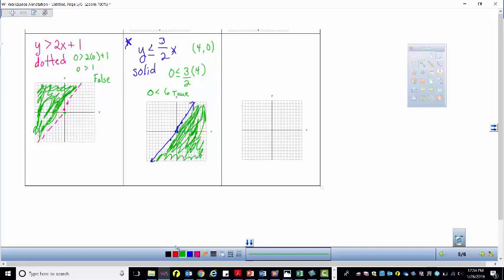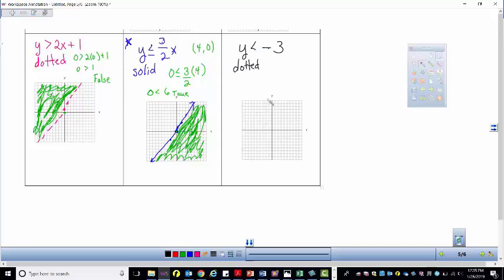Alright, so our next special case is when I just have like y is less than negative 1. Let's change that. Let's make it negative 3, just so it's easier to see on my screen. So first, solid or dotted. This one is dotted or broken because there's no equal.